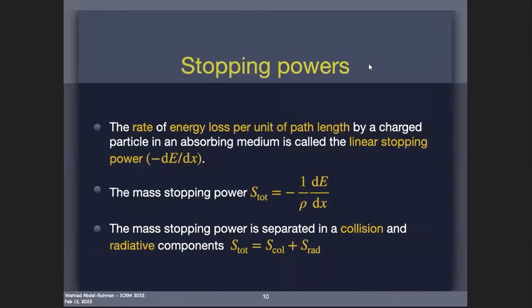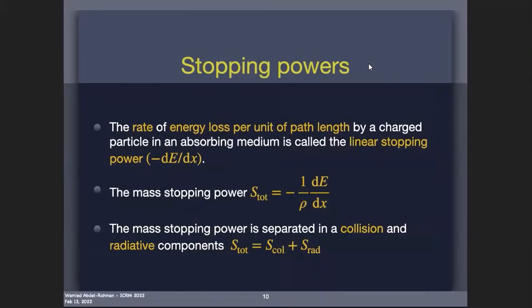Interactions of charged particles, they are defined or quantified using stopping powers. And stopping power is basically the rate of the energy loss per unit path length of the charged particle in the absorbing medium. And more interestingly is the mass stopping power.